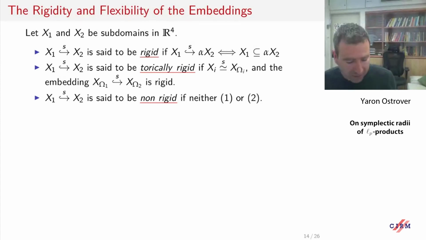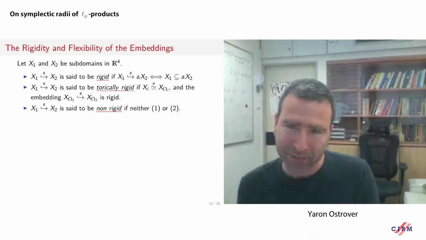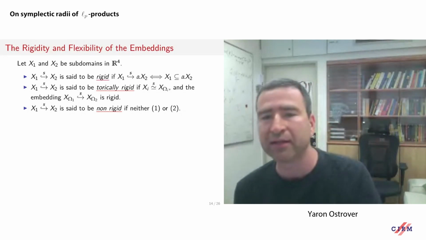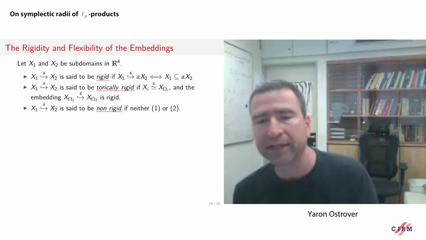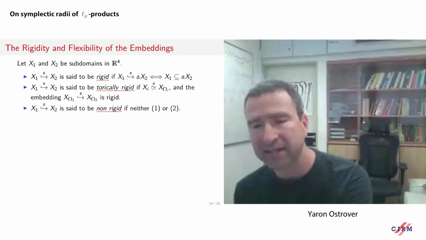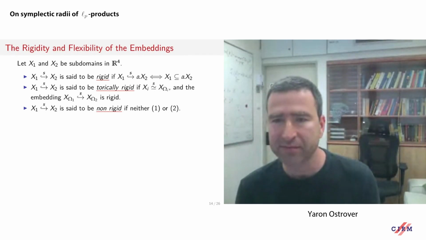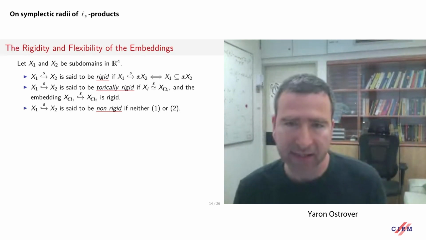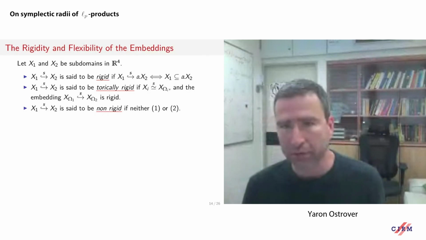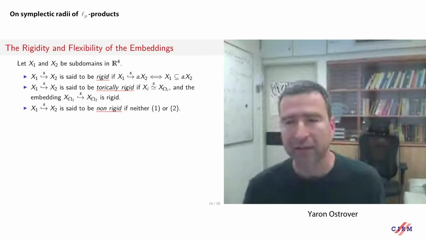We will use, and this is maybe not a very standard terminology, the terminology torically rigid if, after we switch to the toric picture, there is a symplectomorphism between these domains and toric domains, such that after looking at the toric image, we get that the embedding is rigid. Okay, so this is our definition of torically rigid. And we will say that the embedding question is non-rigid if neither 1 nor 2 holds. Okay, so this is the terminology that I want to use.